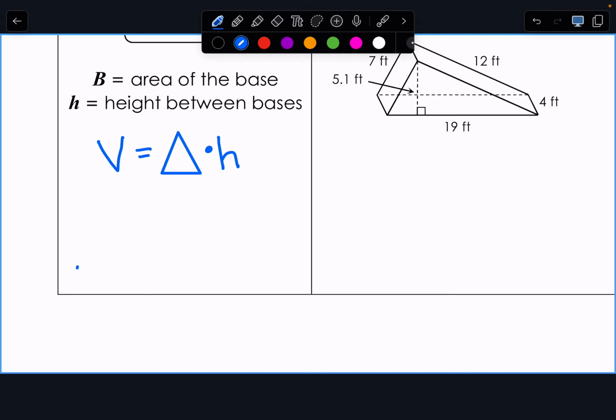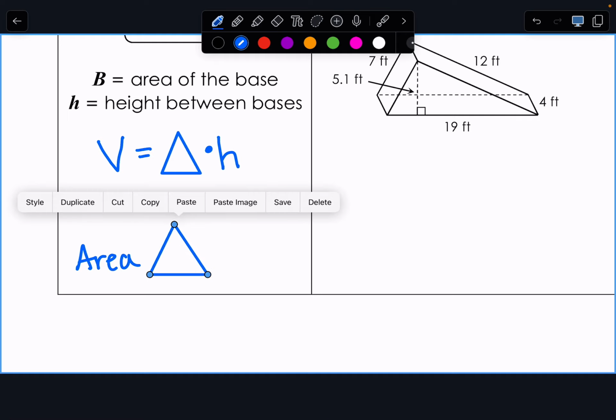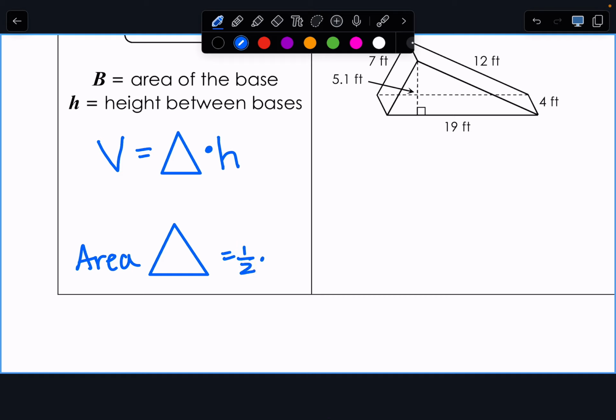Okay. Now, if I'm talking about the area of a triangle, how do we find that? There it is. 1/2 base times height.